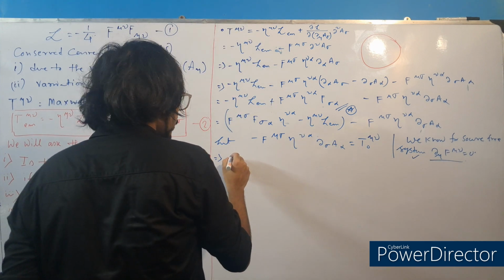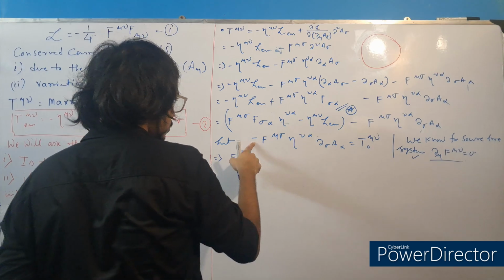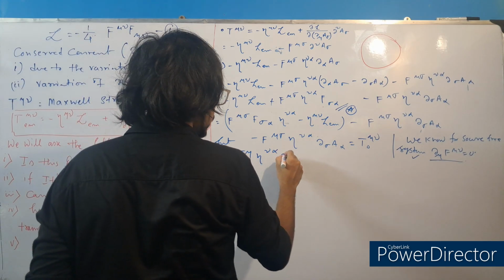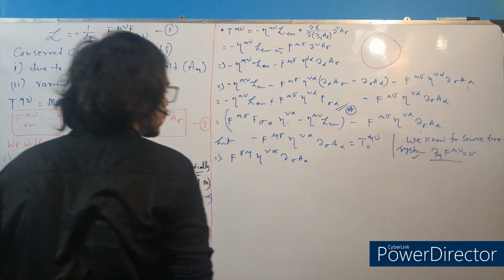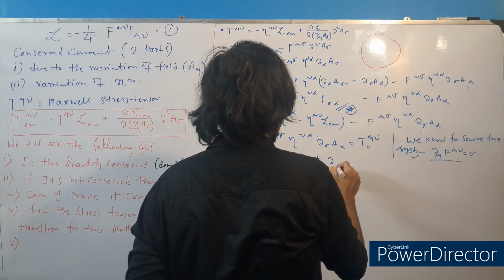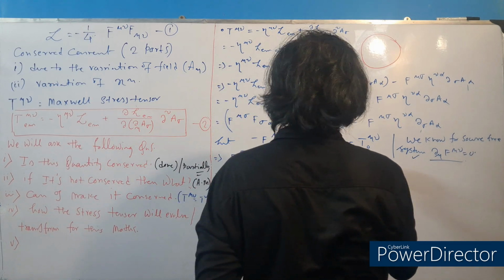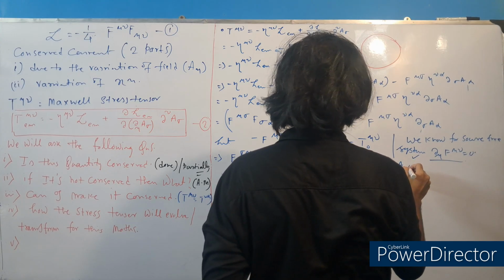So if I exchange this sigma and mu, these minus signs will get absorbed, and nu alpha del sigma A alpha plus del sigma F sigma mu eta mu alpha del sigma A alpha.